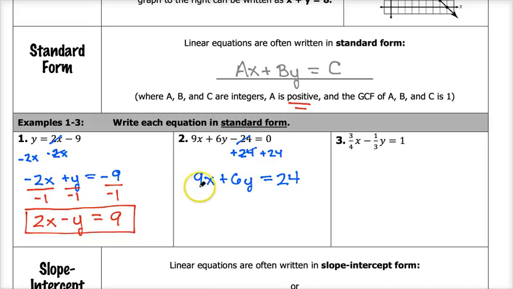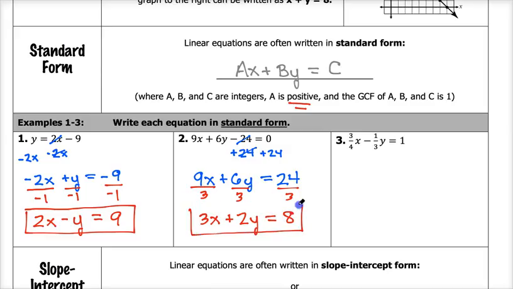And at first glance, it may seem this isn't standard form, but 9, 6, and 24 are all divisible by 3. So really, to get this in standard form, I need to reduce my coefficients to be as small as possible without getting fractions. So 9 divided by 3 is 3, so we have 3x plus 2y equals 8. That would be your standard form for number 2.